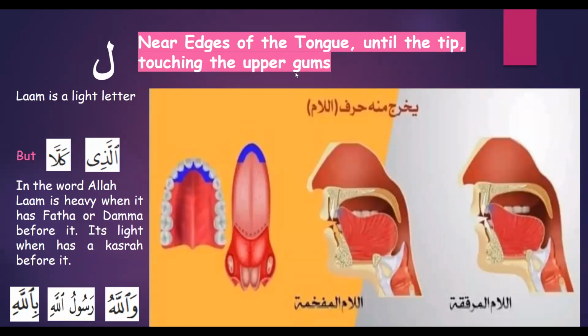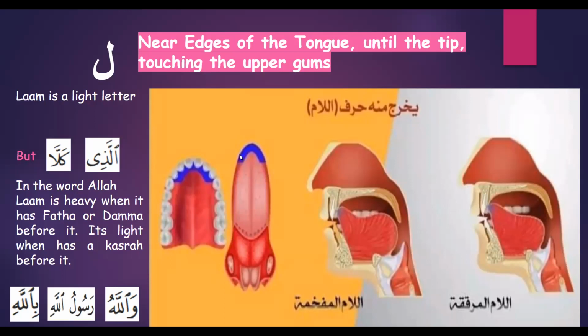You can see in the image the tongue that has been colored in blue; that is the near edges of the tongue. This would be the tip if you count this letter from the point of view of the tip letters. This is the tip, but these are the sides of the tongue.